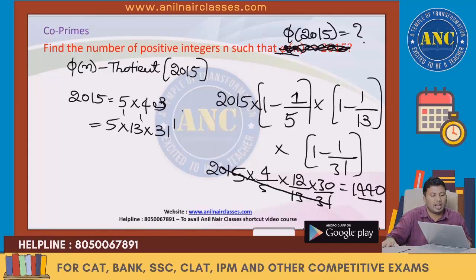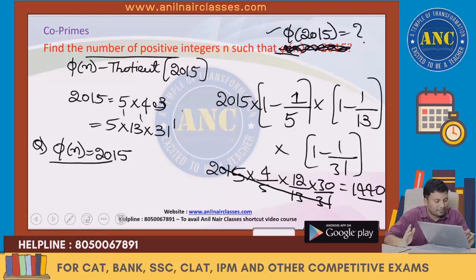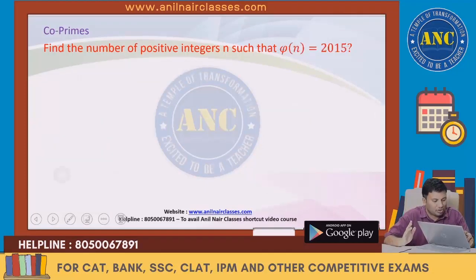If the question is like this: totient of n equivalent to 2015, find how many positive integers n. Let us keep the same question. Totient of n is 2015.